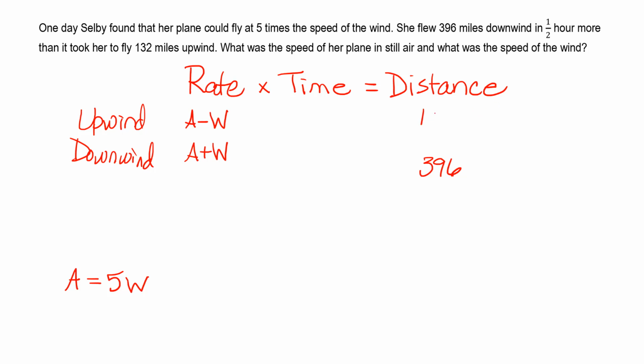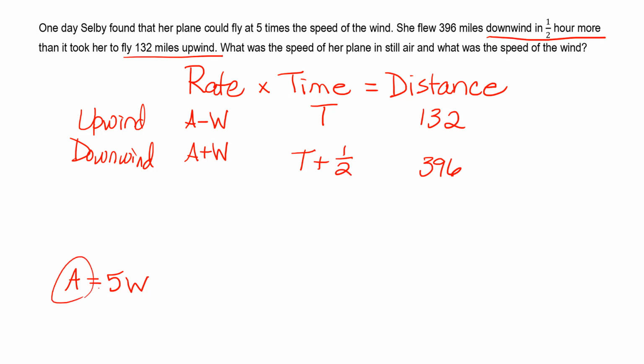So I'm going to put 132 for the distance upwind. And then for the times, it says that when she was going downwind, it took her a half hour more than the trip upwind. If we call the upwind time T, we can call the downwind time T plus 1/2.